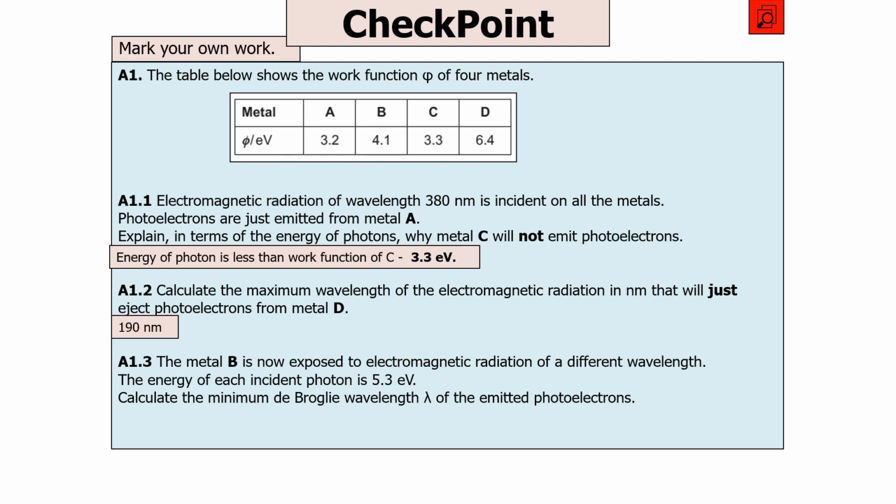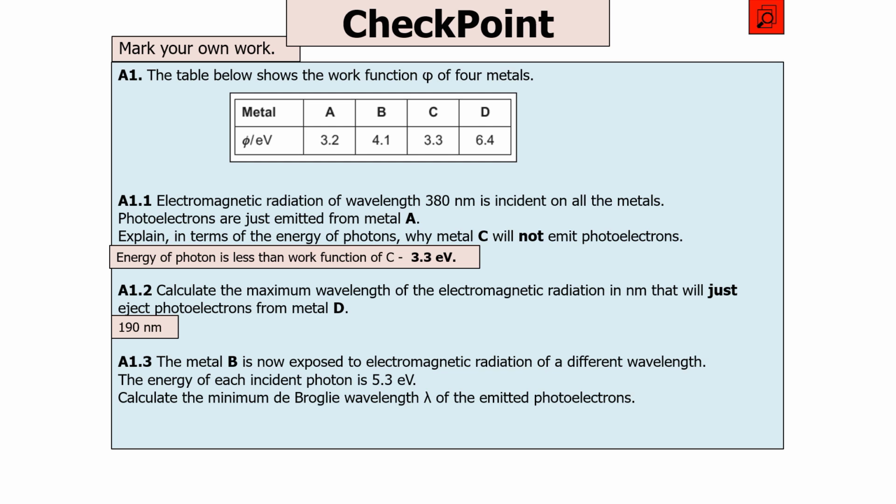Well, E equals hc over lambda, so lambda equals hc over E. The E value is going to be just enough to overcome the work function, so 6.4 eV, which you convert into joules by doing 6.4 times 1.6 times 10 to the minus 19, and so you get 190 nanometers.